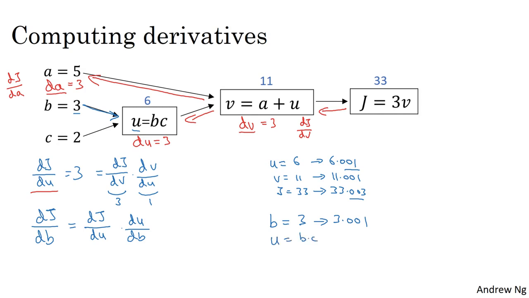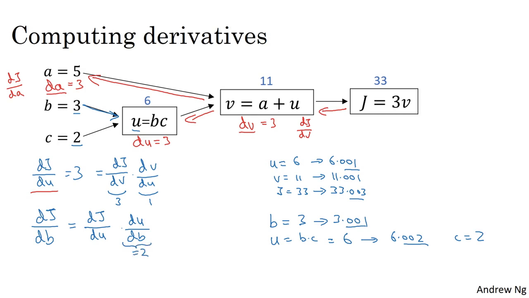So this will go from 6 when b is equal to 3 to now 6.002, because c is equal to 2 in our example here. And so this tells us that du/db is equal to 2, because when you bump up b by 0.001, u increases twice as much. So du/db is equal to 2.